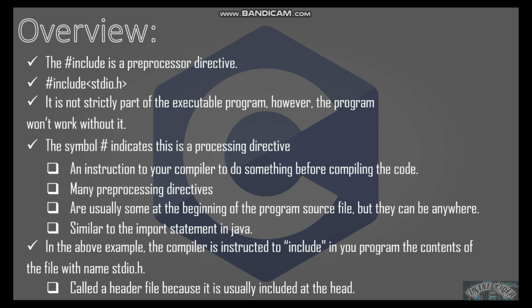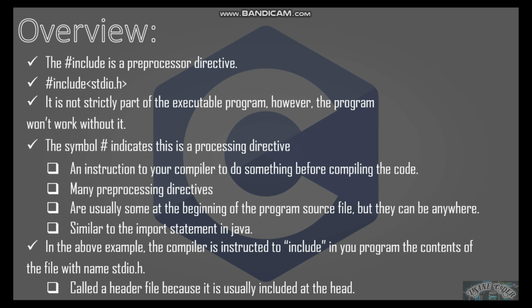So in the above example here with the include stdio.h, this is telling your compiler to include some of the contents of the file with that name into your program. So there's a file that exists somewhere called stdio.h. And what the directive is saying is, my current program that contains the directive needs some of the contents inside this file in order to compile.